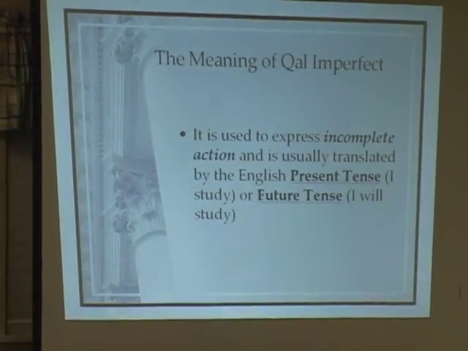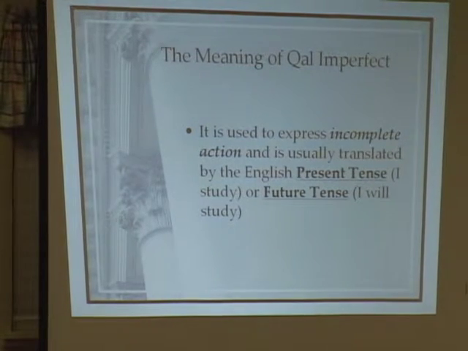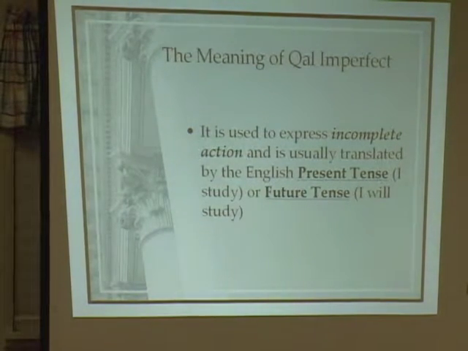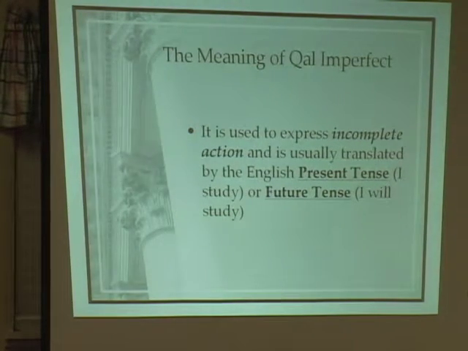What is the meaning of the kal imperfect? As I already said earlier during our homework review, it is used to express incomplete action. It means the action has started but has not been completed yet. It could be present tense if you compare it to English grammar, or future tense.